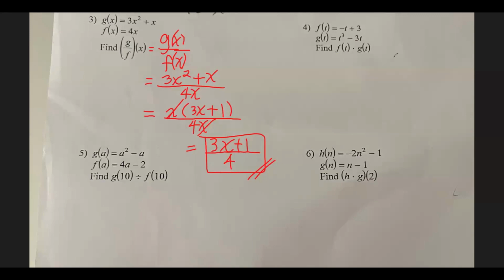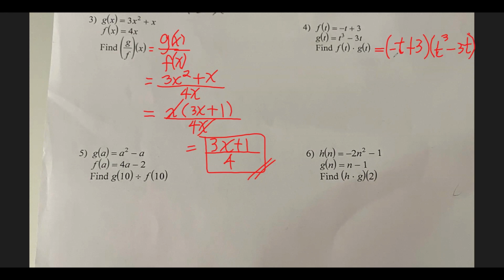So we can put here the given functions, which is f of t, negative t plus 3, and close it so that we can put the other one, t cubed minus 3t. So they are now in multiplication.